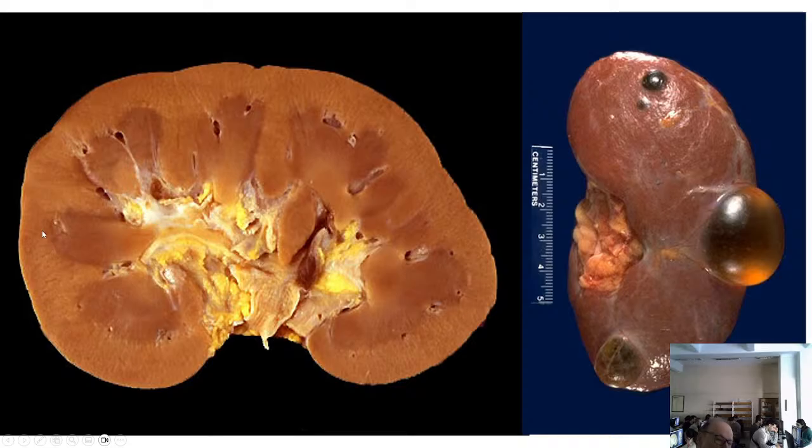Then they go up the cortex as intralobular arteries and give the afferent arterioles to the glomeruli. We have the filtration of the blood and urine production, and then we have the efferent arterioles, which give the blood supply to all other parts of the nephrons, namely the urinary tubules and the interstitium. So, this is the blood circulation.